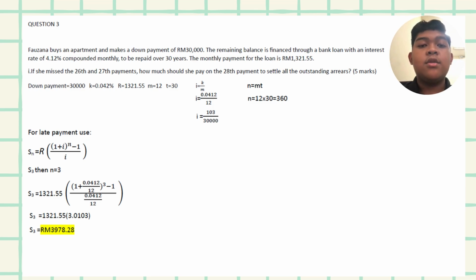After that, you just plug into the formula, which is R bracket (1 plus I) to the power of N minus 1 divided by I. So for the special case, the late payment was 3 months, and just plug into the formula: S3 equals 1,321 ringgit 55 cent bracket (1 plus 0.0412 over 12) to the power of 3 minus 1 divided by 0.0412 over 12. So the final answer was 3,978 ringgit 28 cent.